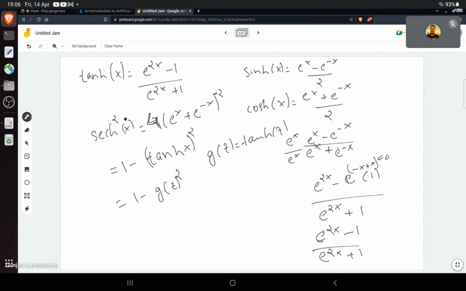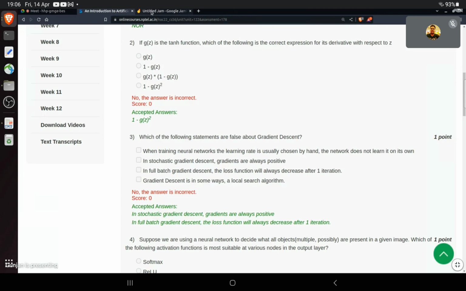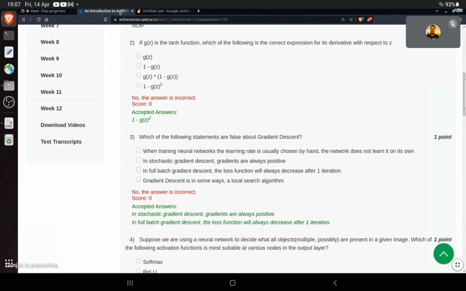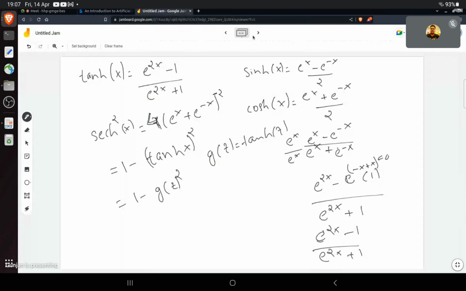Yeah. So did you guys compute these values before? Have you done these kinds of questions, like differentiation? I mean, anyone who has taken the 12th maths course has done differentiation.